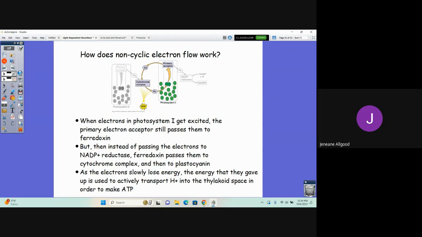And then as those electrons lose energy, as they go from ferredoxin to cytochrome complex to plastocyanin, the energy that they gave up is used to actively transport H pluses into the thylakoid space to build up a proton gradient so that we can eventually make ATP.